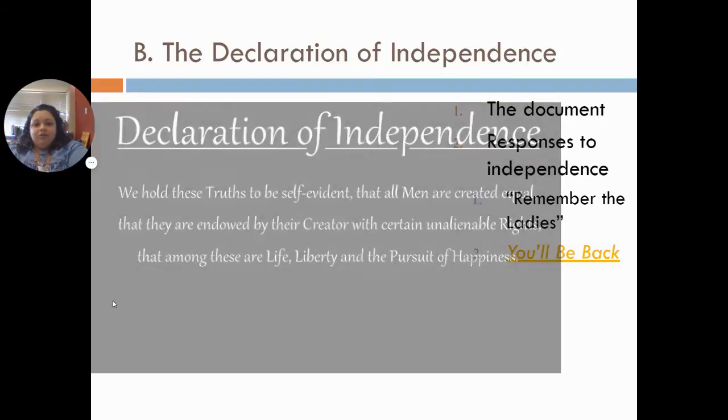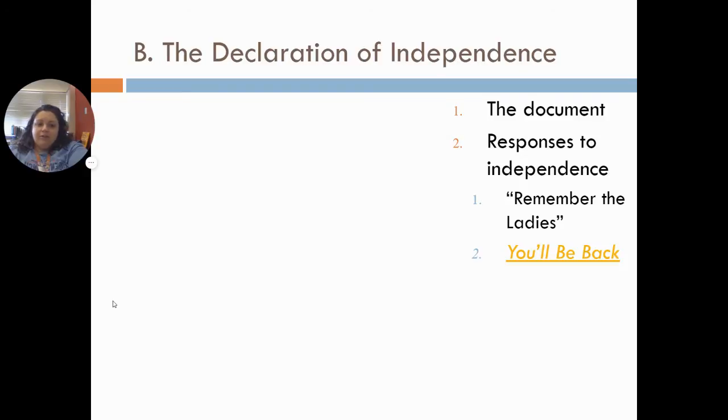And with the Declaration of Independence, we definitely start to see some responses to it. Like, what does this actually mean that all men are created equal? Now, the document itself does end up getting drafted, and it does end up getting approved by the 13 colonies. The Second Continental Congress will vote to ratify it, and it actually had to be modified.